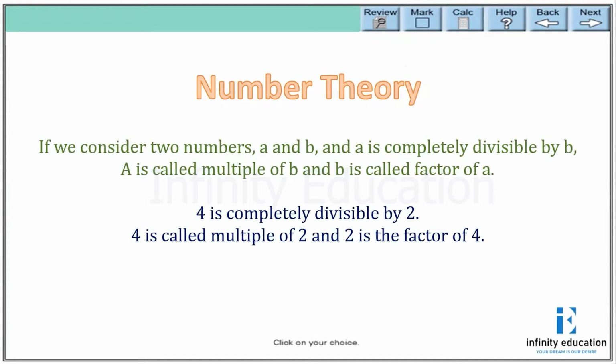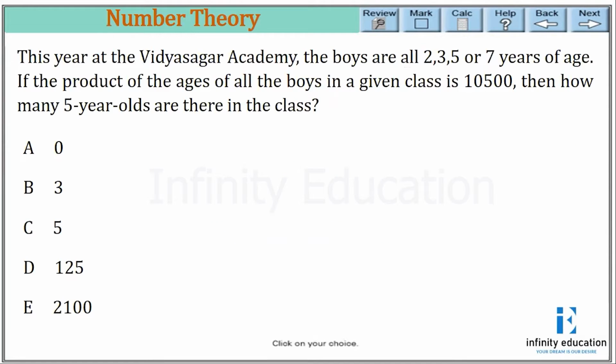Now let's do some questions. This year at the Vidyasagar Academy, the boys are all 2, 3, 5 or 7 years of age. If the product of the ages of all the boys in the given class is 10,500, then how many 5 years old are there in the class?